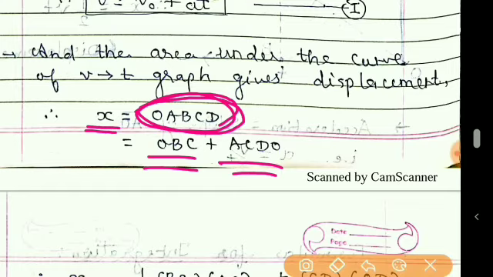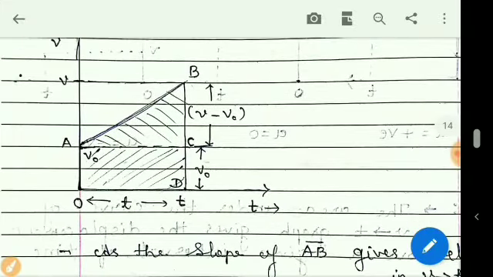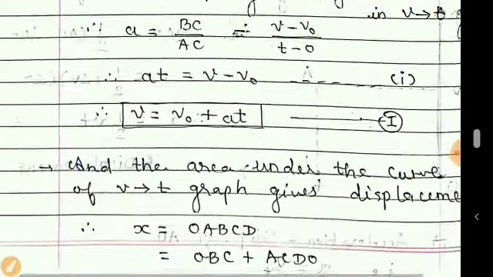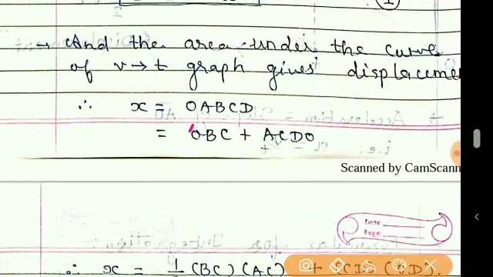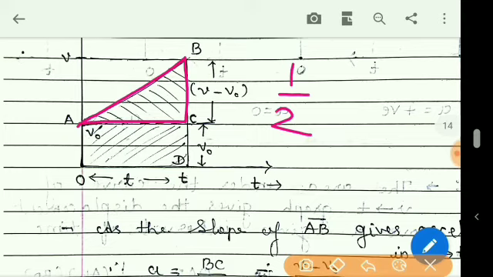Now the area of the triangle, that is OBC. Students, here it is a printing mistake. In place of OBC, it should be ABC. So triangle ABC, and we know that for any triangle the area is half of base into altitude.